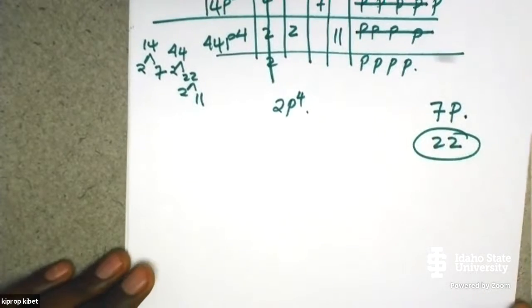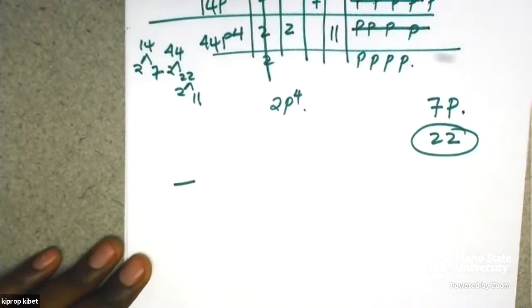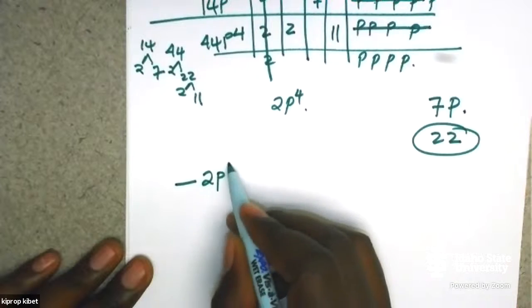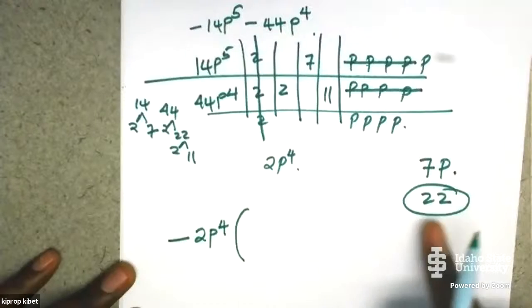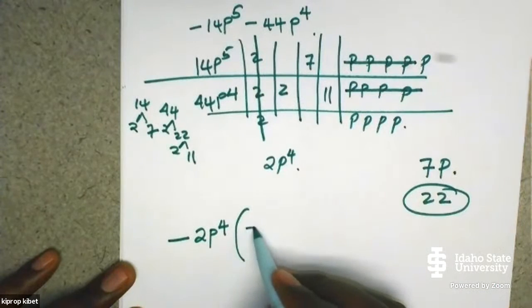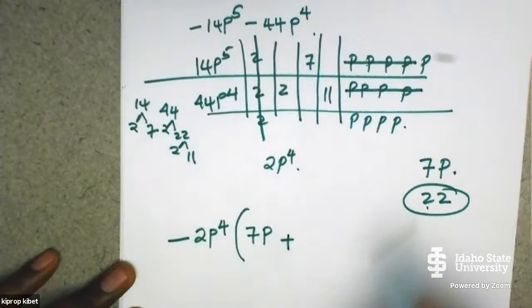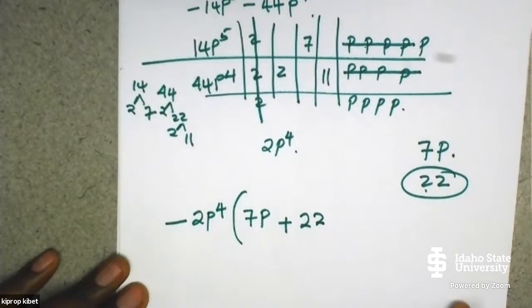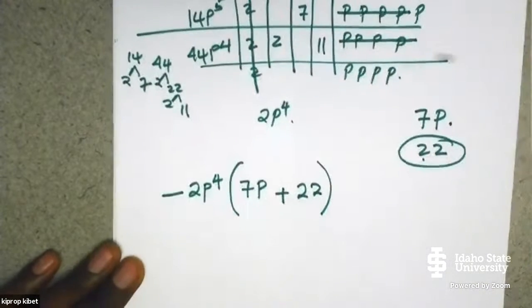So therefore, since our first common factor was negative, and our second common factor is 2p raised to 4, what remains in 14p^5 is 7p, and what remains in 44p^4 is plus 22.